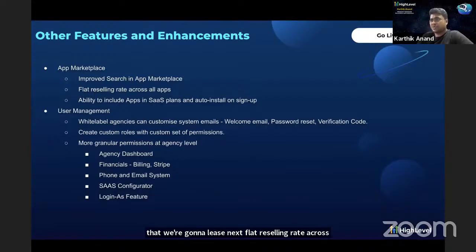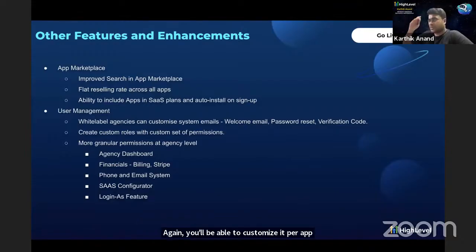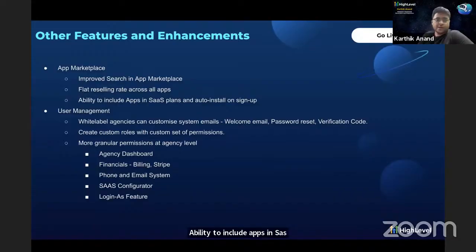We're going to allow you to set a flat reselling rate across all the apps. You will still be able to customize it at the per-app level, but to start with, define a flat, let's say 10% markup across all the apps. Next, the ability to include apps in SaaS plans and auto install on sign up. We discussed that already. Further on user management, some new features we're coming out with.